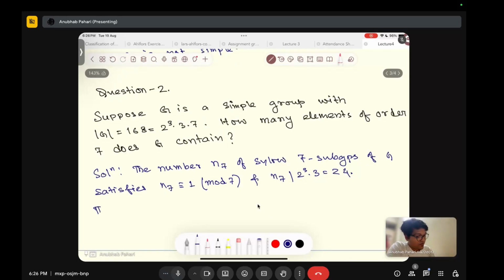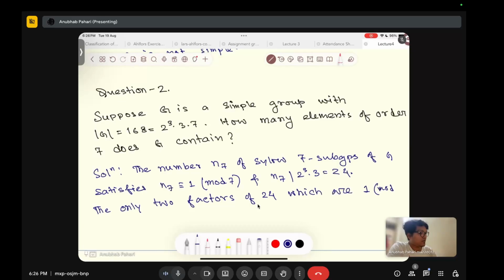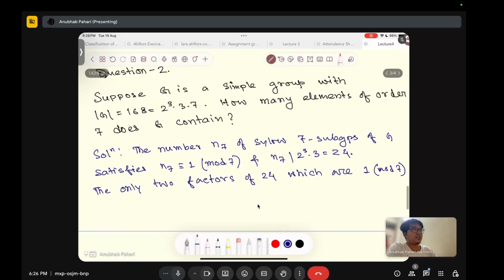The only two factors of 24 which are 1 mod 7 are 1 and 8, right?